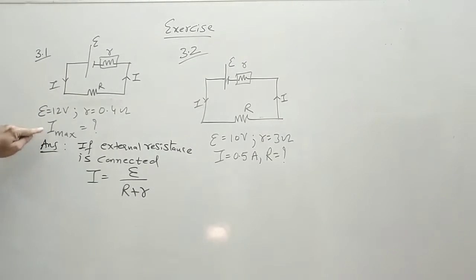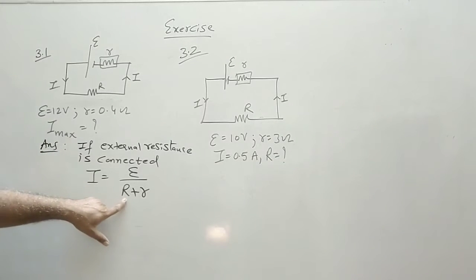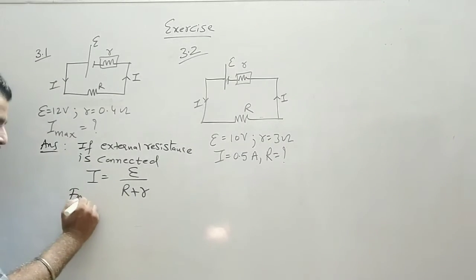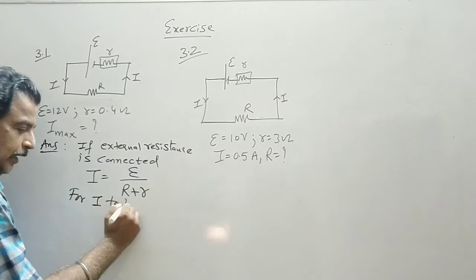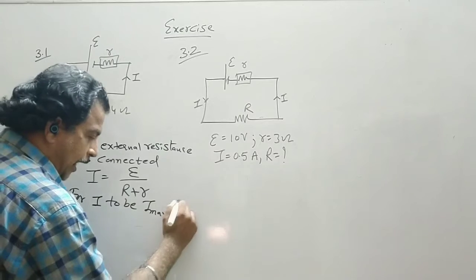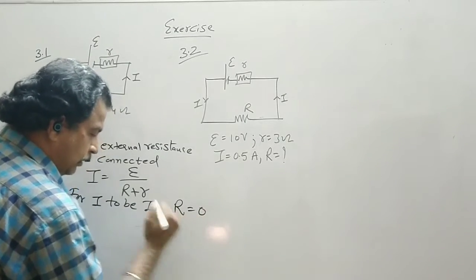Now to find out the maximum current, your external resistance should be low. Ideally, it should be 0. So for I to be I max, R is equal to 0.